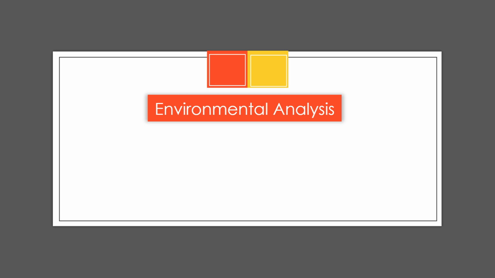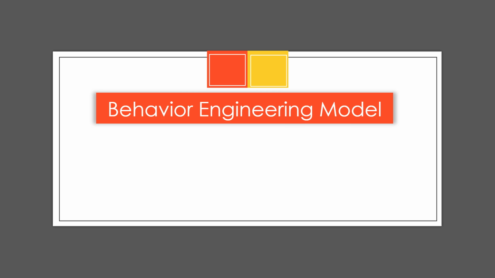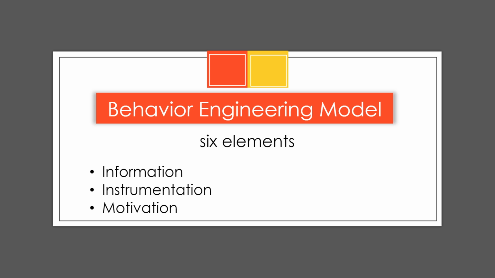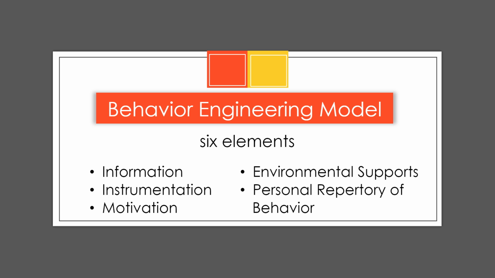As part of the environmental analysis, Gilbert's behavior engineering model identifies 6 elements broken down by information, instrumentation, and motivation, with categories of environmental supports and personal repertoire of behavior to narrow down the location of performance gaps.